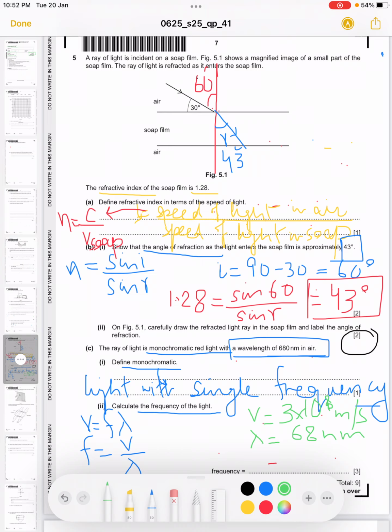Convert the nano into meters. What we need to write is, we need to multiply it with 10 to the power minus 9. So just substitute the values and check whether you get the right answer or not, right?